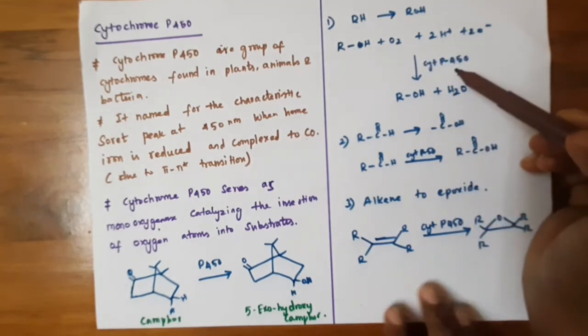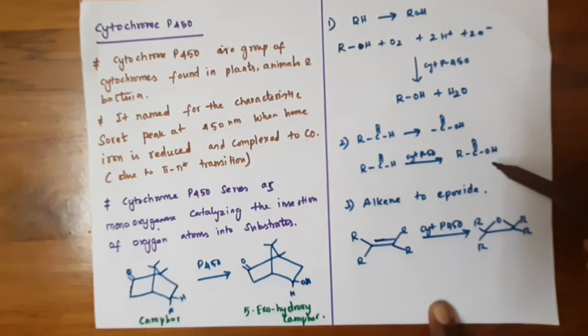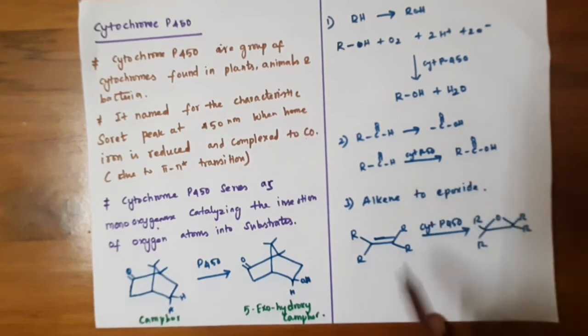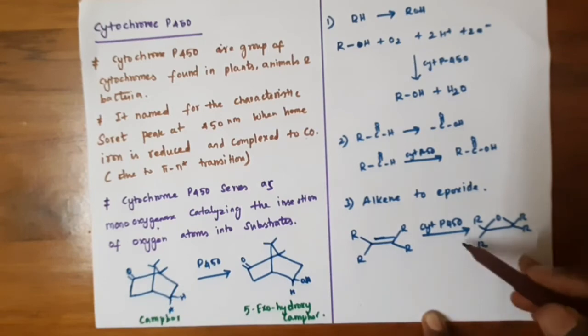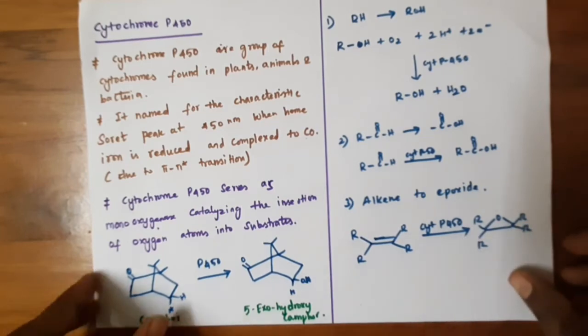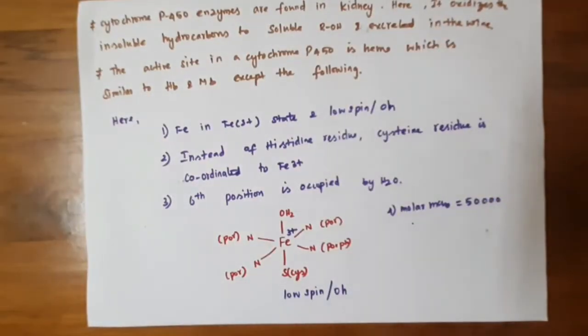Several aldehydes are also converted to acids, and alkenes get converted into epoxides with the help of cytochrome P450. So these are some reactions of cytochrome P450.